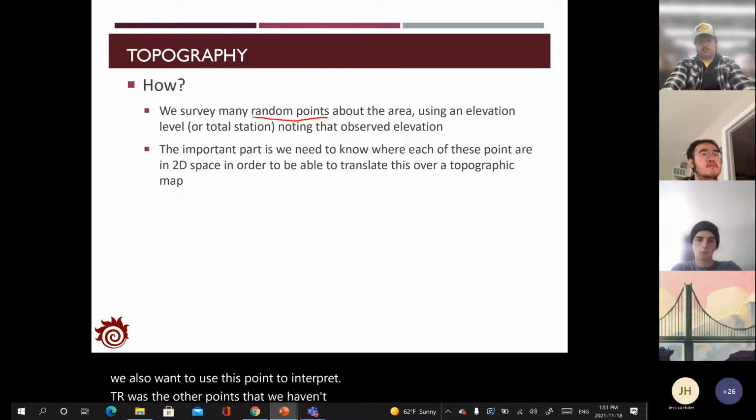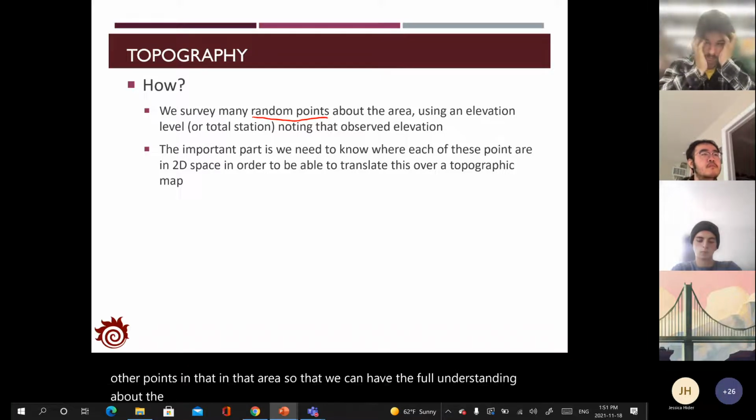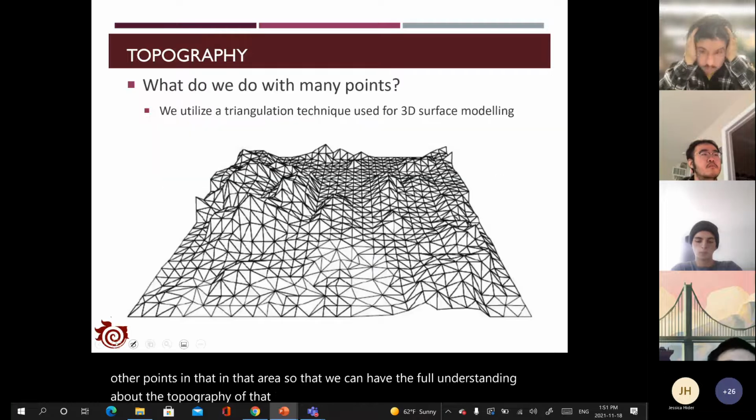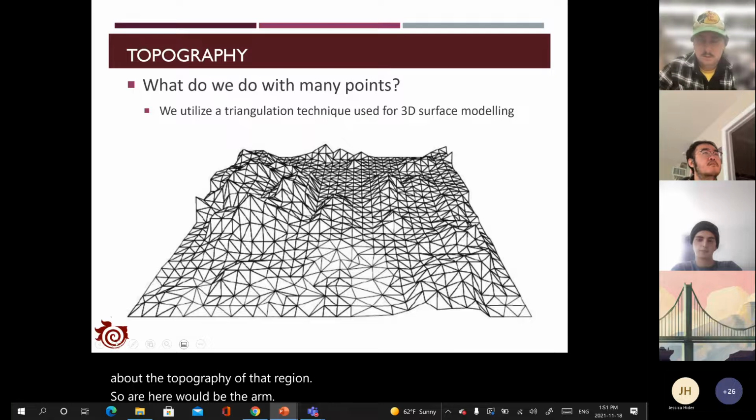What is the elevation of the other points in that area, so that we can have a full understanding of the topography of that region? Here is one example of a 3D surface of an area.